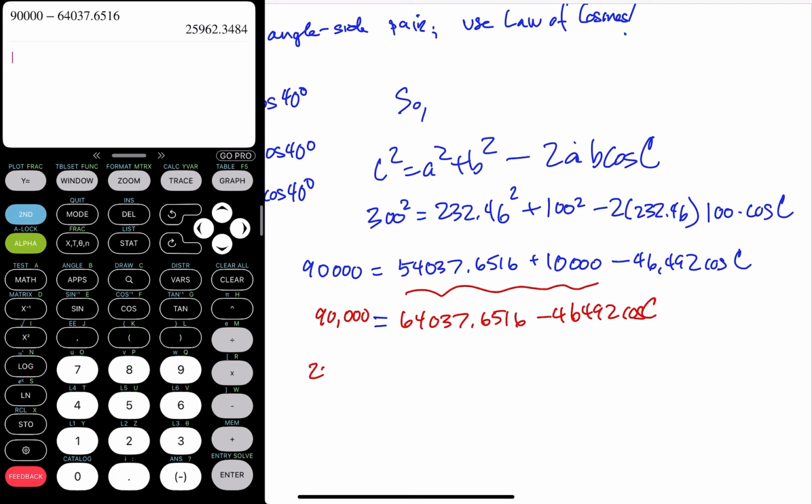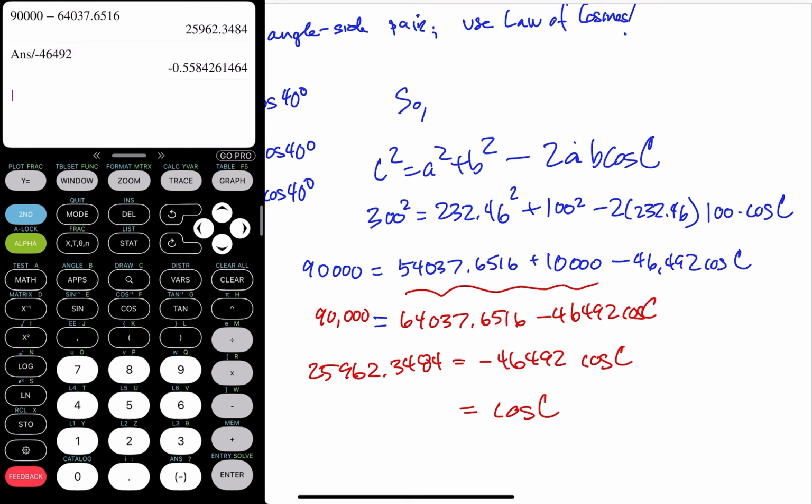So that's going to be 25962.3484 equals negative 46492 cosine of C. Now we divide both sides by the coefficient in front of the cosine of C. So I take the last answer and divide by negative 46492. I get negative 0.55842 and some more digits.